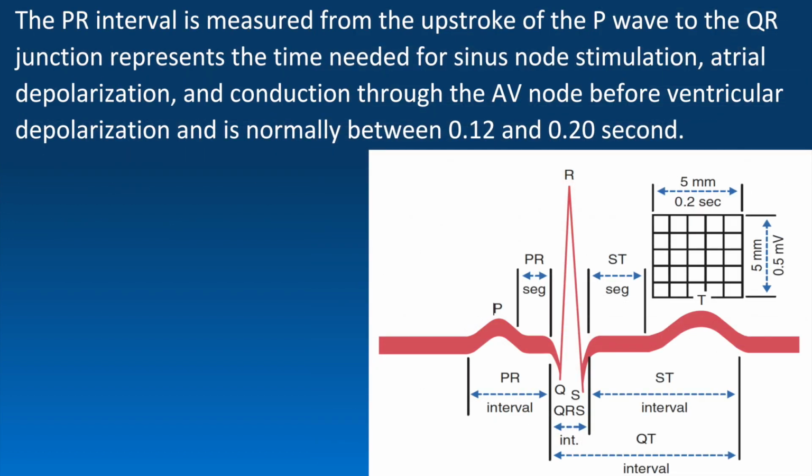The PR interval is measured from the upstroke of the P wave to the QR junction. It represents the time needed for sinus node stimulation, atrial depolarization, and conduction through the AV node before ventricular depolarization, and is normally between 0.12 and 0.20 seconds.